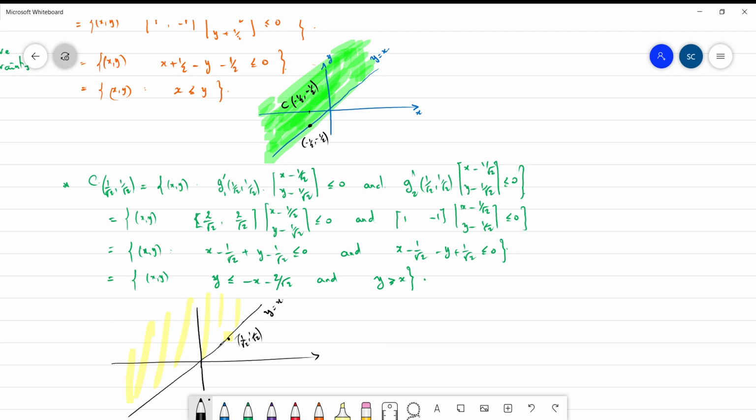And for another point, x equals 0, I will have y equals minus x plus 2 over square root of 2.